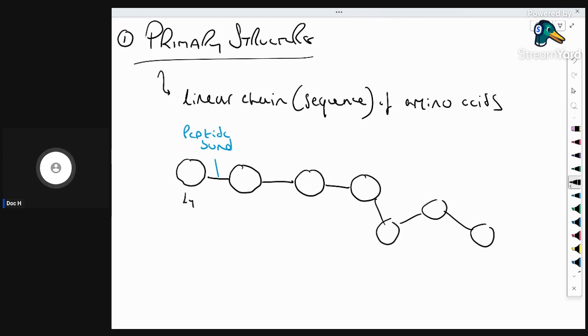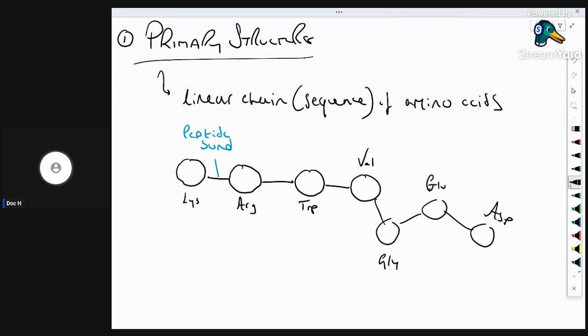So this one might be lysine, this one might be arginine, tryptophan, valine, you might have a glycine, glutamate here, and then maybe an asparagine here. So that particular order is the primary structure.